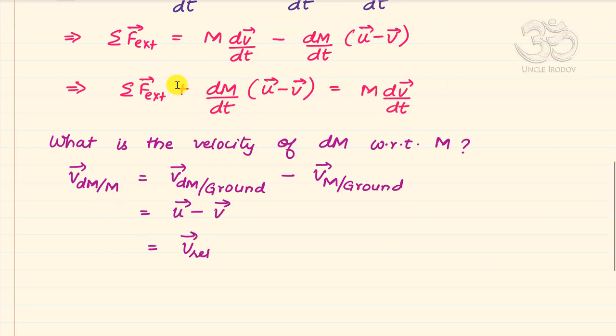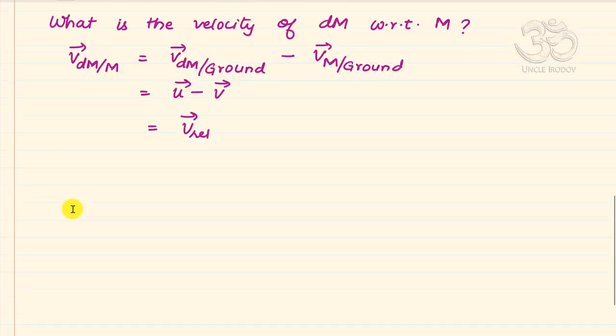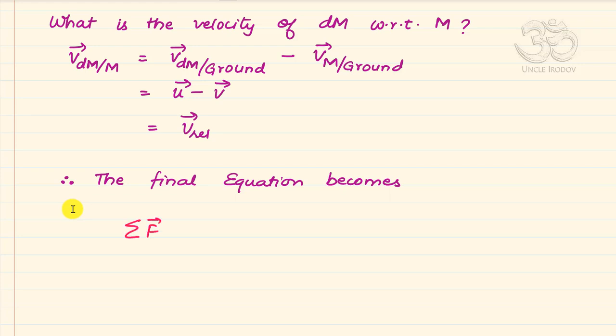And then I can rewrite this entire expression as, so therefore the final equation becomes summation of F external plus v relative times dm by dt is equal to m dv by dt.